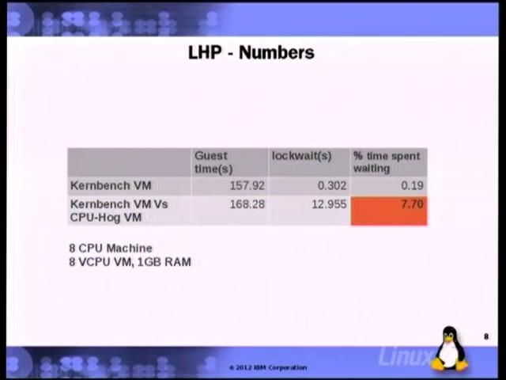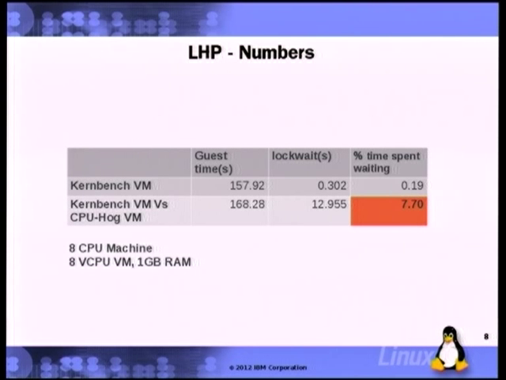How much would this busy waiting hurt? So I got some numbers here, wherein on one VM I run a single Kernbench instance. The first row represents that, and the time that is spent waiting for a lock is less than 0.2%.